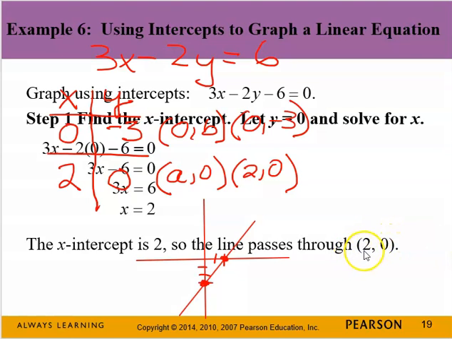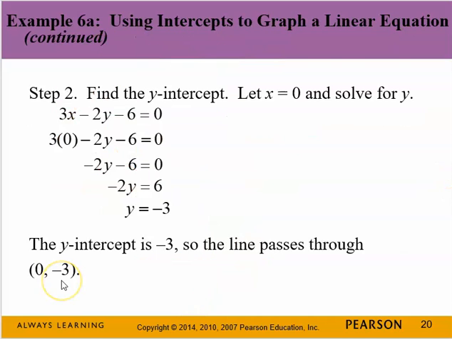So there's the x-intercept, and somewhere should be the y-intercept here too. Let's see if it's on the next slide there. So there's the y-intercept, and then here is the graph.